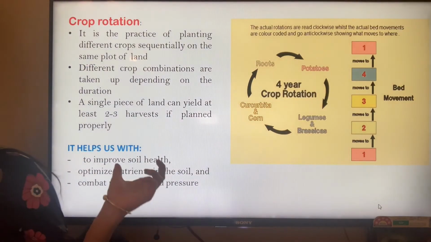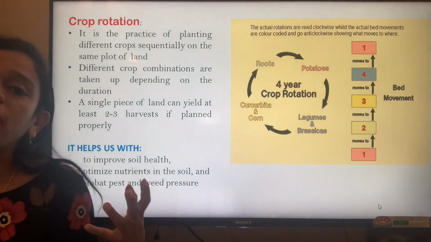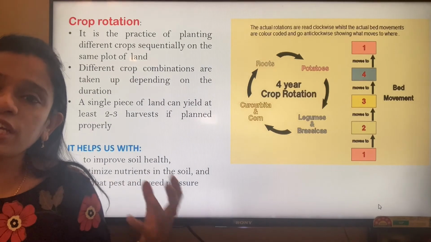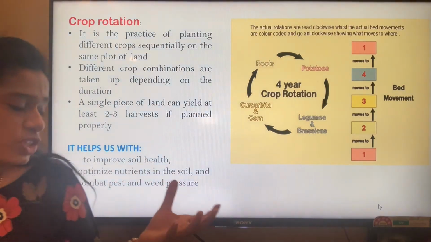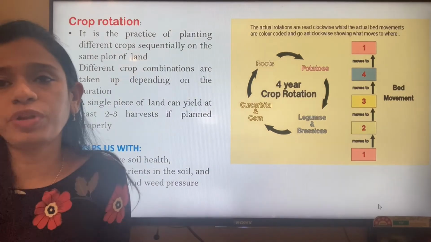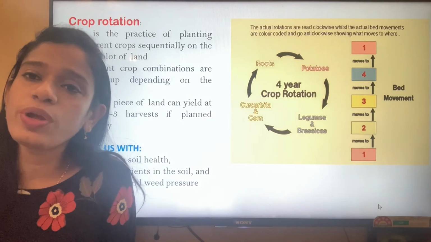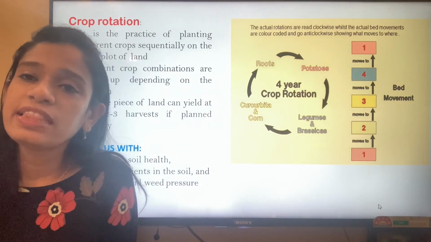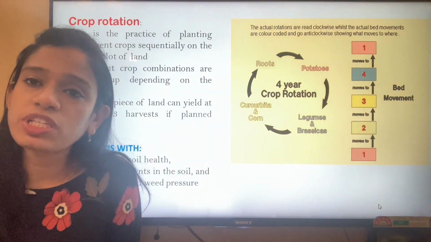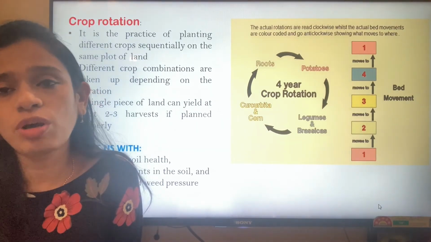So it improves the soil health, optimizes nutrients of the soil, that is, it makes the soil rich in nitrogen, it gives the proper nutrition which is required for the soil, and also combats pest and weed pressure. The pests which had come when we had taken up rice will not be able to survive, because immediately after that some leguminous crops are taken up.